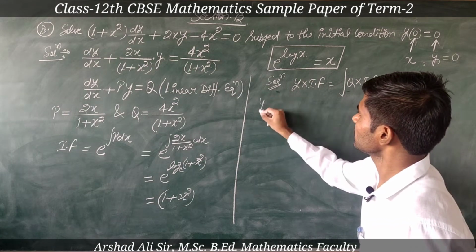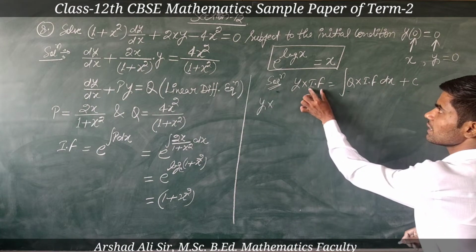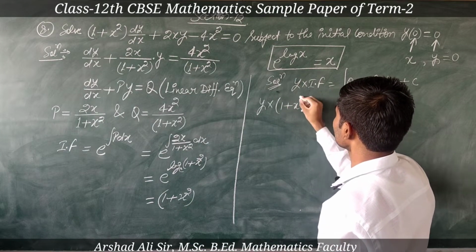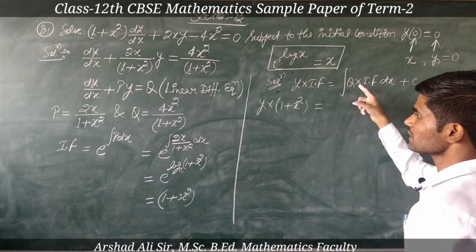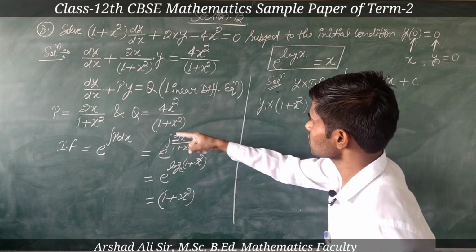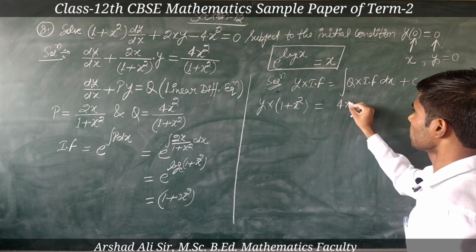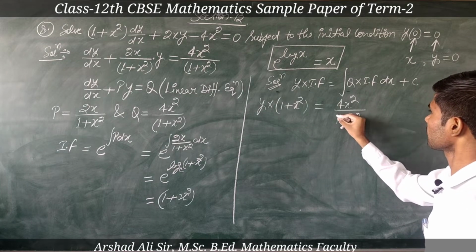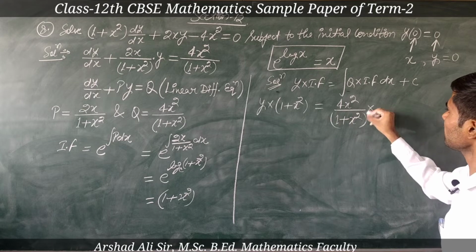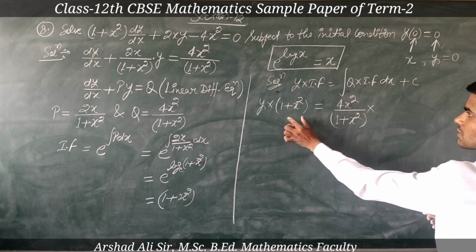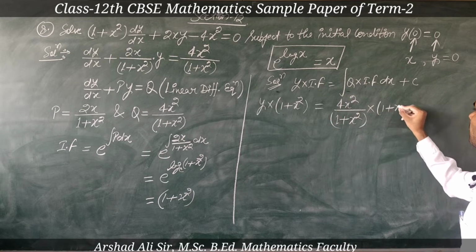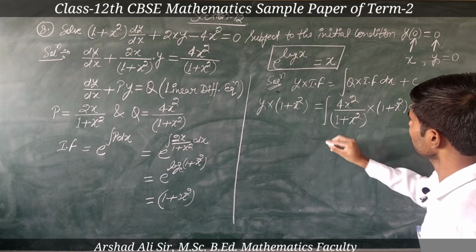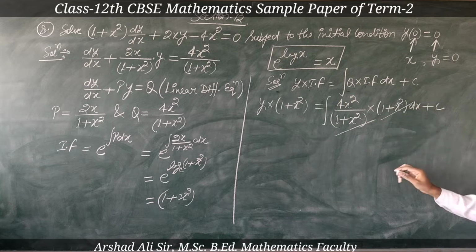So we can put the value of the integrating factor: y multiplied by 1 plus x square is equal to q, which is 4x square upon 1 plus x square, multiplied by IF, whose value is 1 plus x square, dx plus c. We can cancel 1 plus x square.